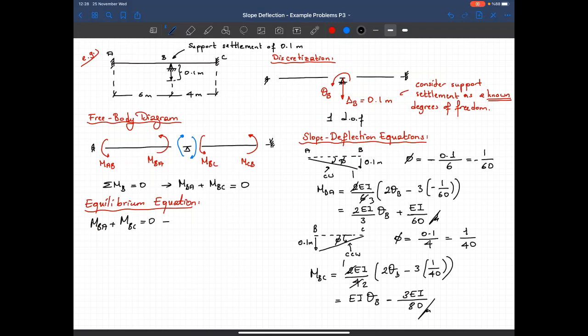This gives me 5EI over 3 theta B minus 5EI over 240 must be equal to 0, and from that we obtain theta B as equal to 1 over 80 radians. Okay, that's the rotation. Now put this rotation into these two equations and calculate the member end forces.